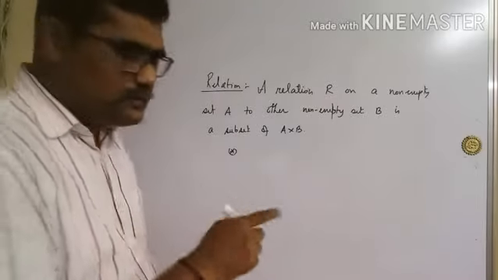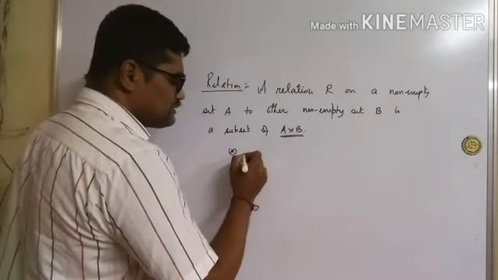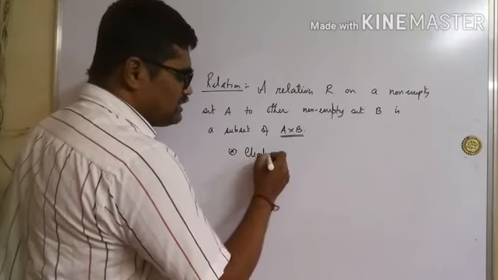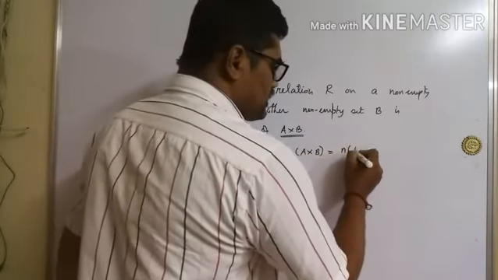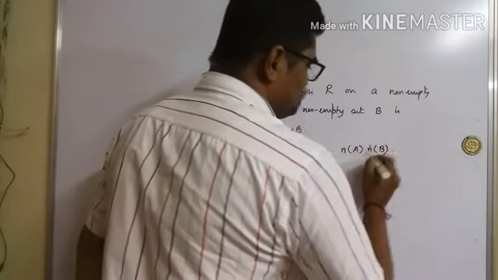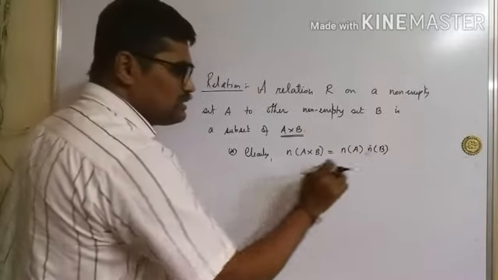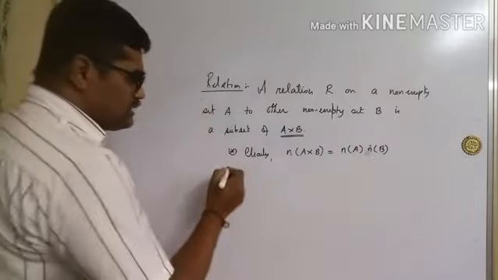It is from set theory. So can you tell me the number of elements here? Number of elements in A cross B, as we got in the previous video, is simply the product of the number of elements of A and the number of elements of B.